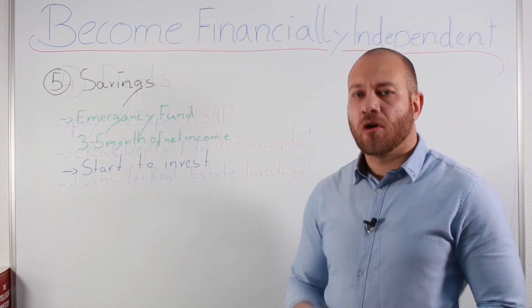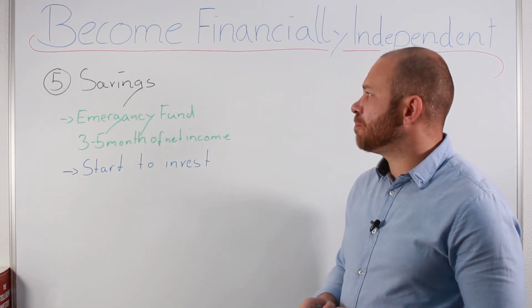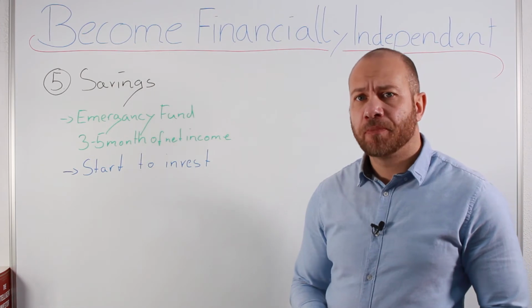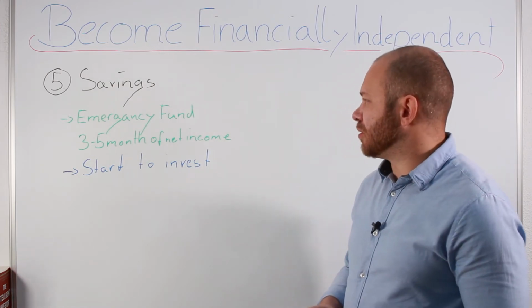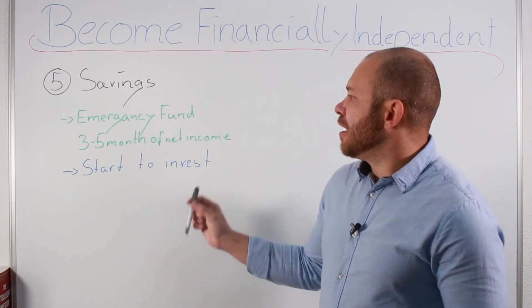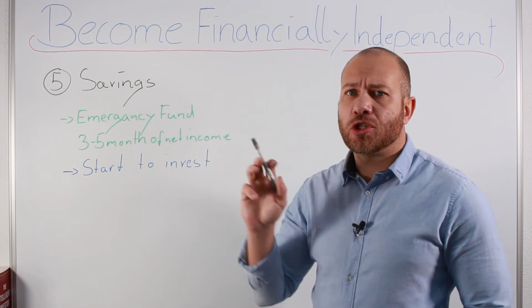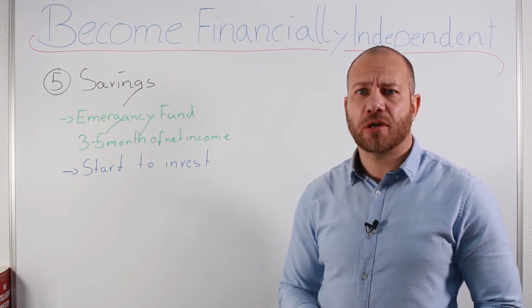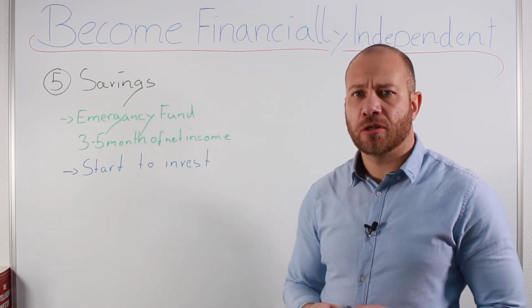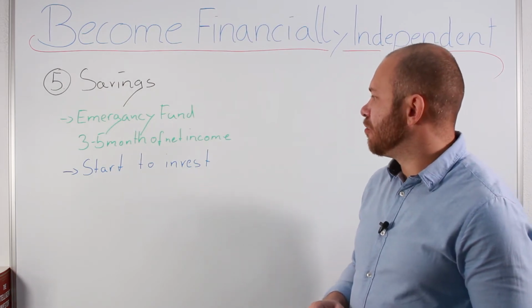Okay? On the fifth step, I want to talk savings. That is the right step before we are going to invest, and that is important. So what I want you to do is create an emergency fund. So when shit hits the fan, your car breaks down, whatever, your washing machine or stuff like that, that you have money to pay for it.